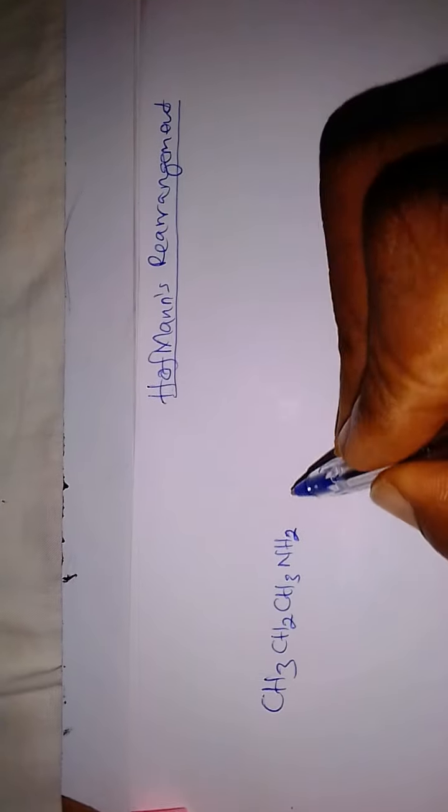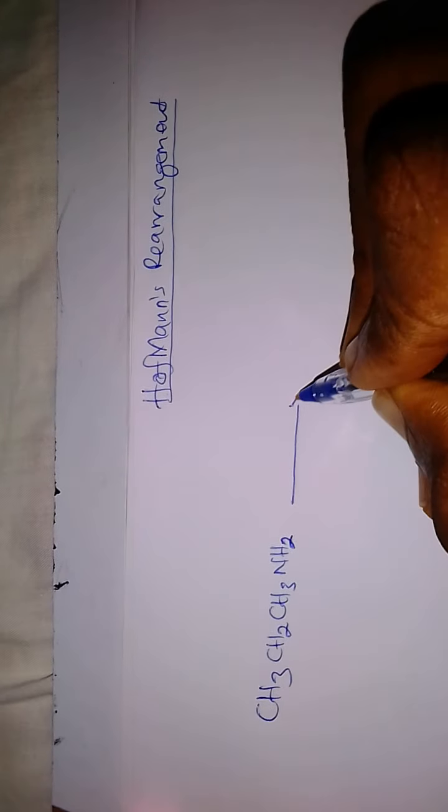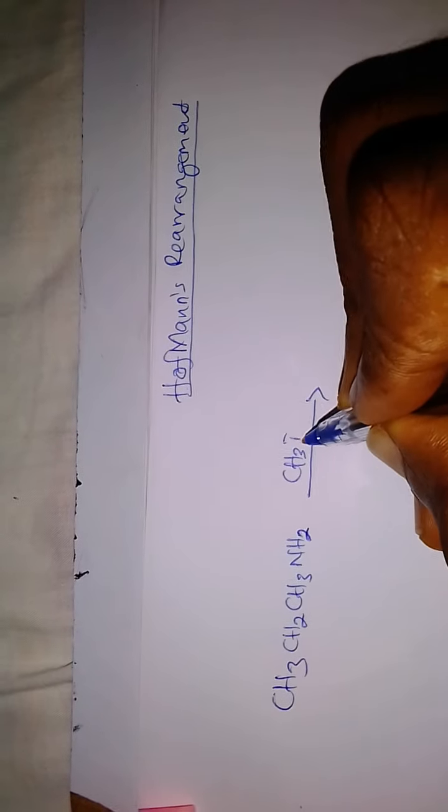So let's take a practical example. Let's say we have this as our primary amine. Then we add 3 moles of methyl iodide to this compound.